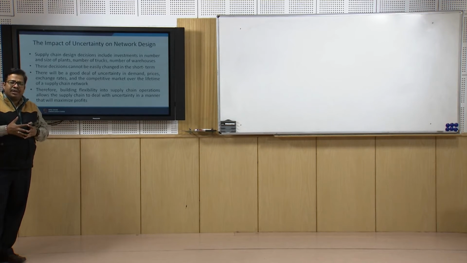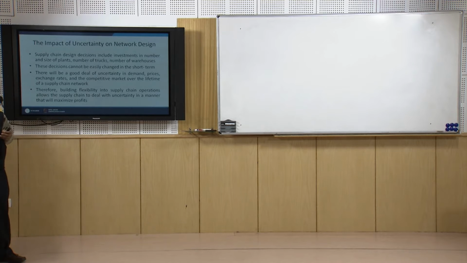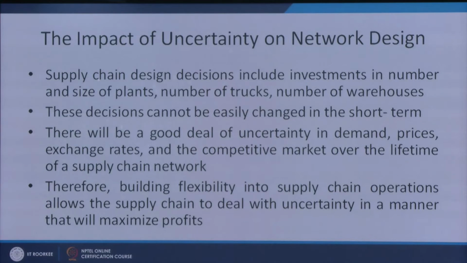Last year in the month of October and November in the NCR area, there was a severe problem of smog, and the demand of masks, the air filters, increased all of a sudden to a very high level. But do you think we can develop a new manufacturing facility all of a sudden to fulfill that excessive demand of air filters, which was highly uncertain? Nobody had predicted, no weather forecast was there that this type of demand may come.